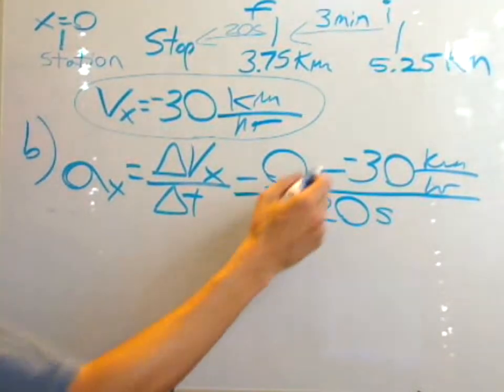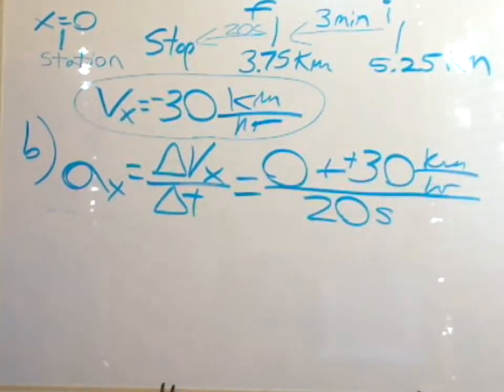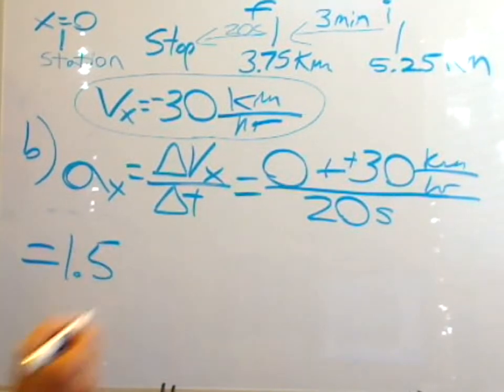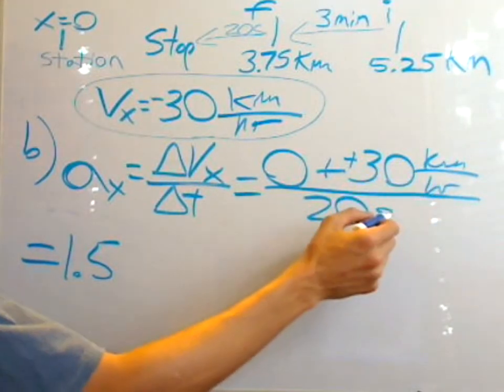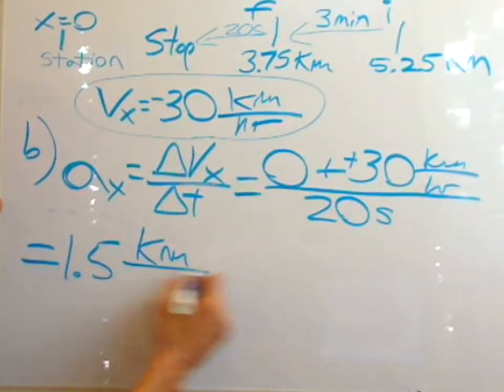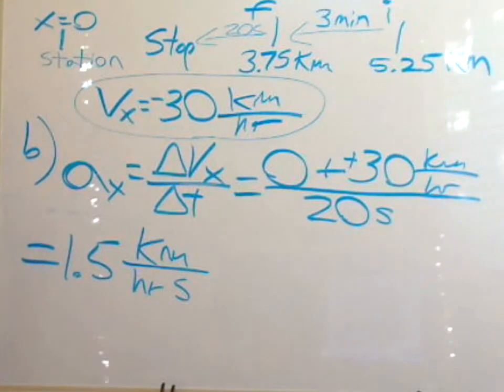So here we have minus a minus, which gives us a plus. We can take that down over here. 30 divided by 20 is 1.5. But look at these strange units we get here. We have kilometers per hour per second. That doesn't really make a whole lot of sense.